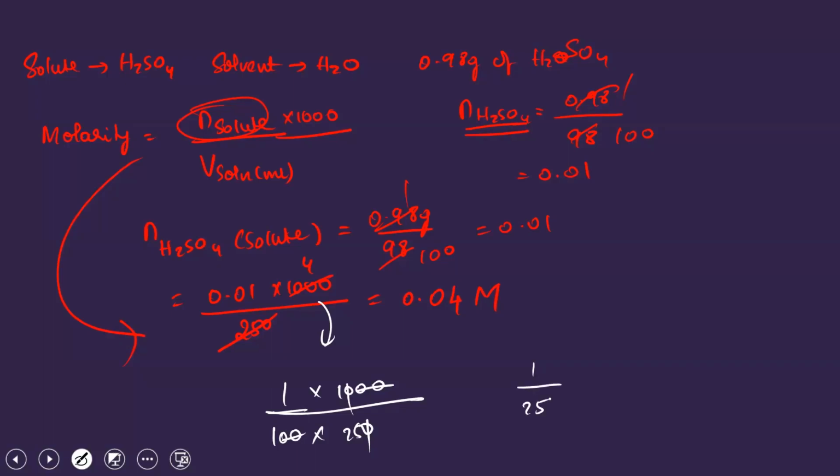Correct? So put the point and add 0 after it. So the answer is 0.04 M, which means it is 0.04 mole per liter. Do you all understand?